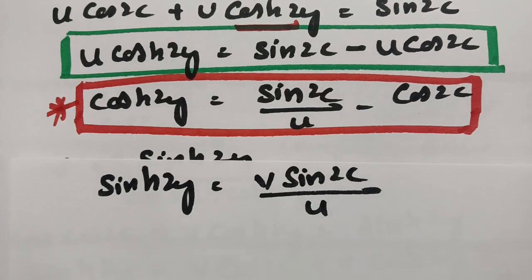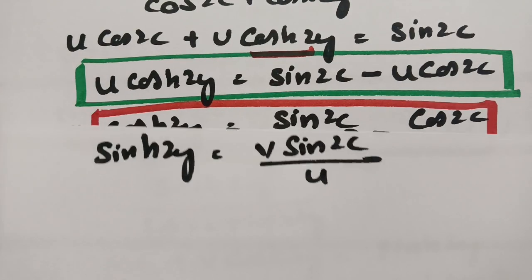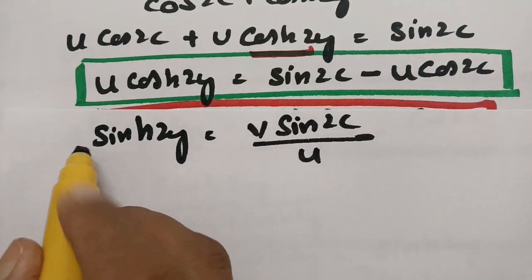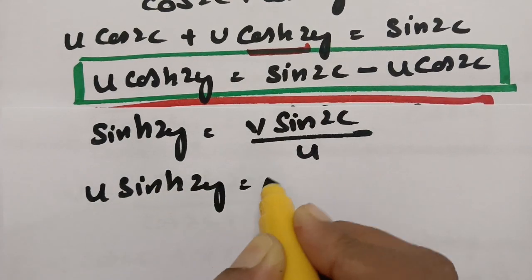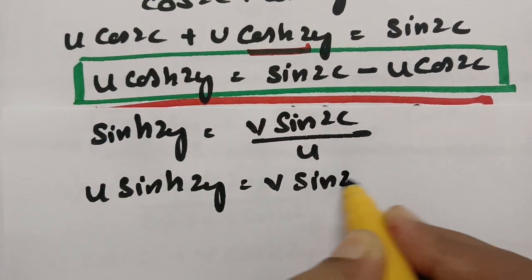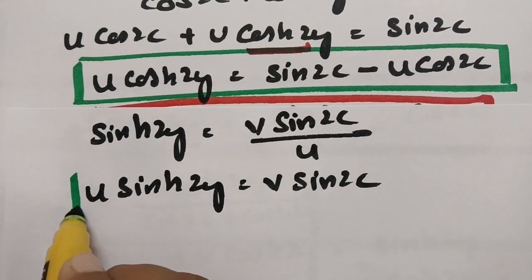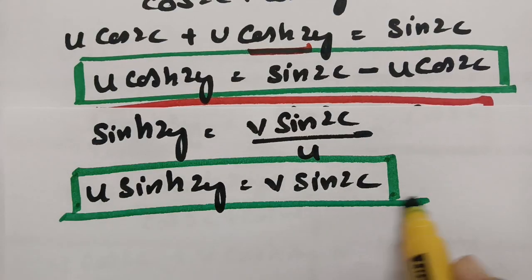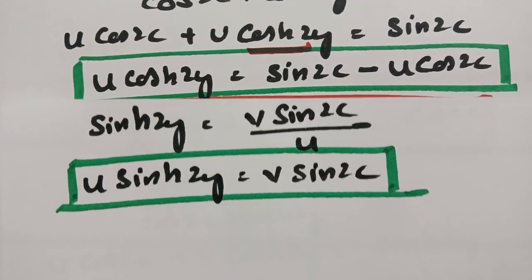If I send u to the other side, u sinh 2y is equal to v sin 2c. So again we got the u sinh 2y value, and this is the u cosh 2y value.